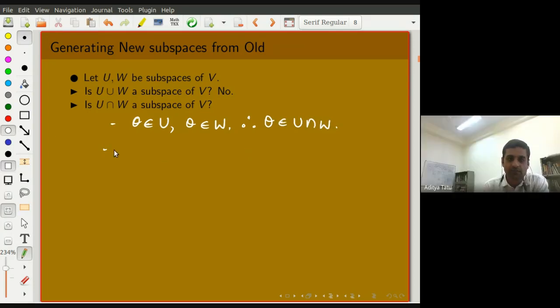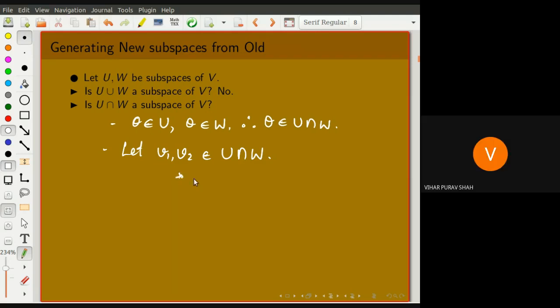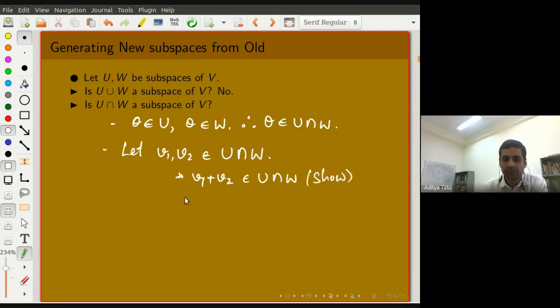Right. So let's say that V1, V2 belong to U intersection W. We need to show that V1 plus V2 also belongs to U intersection W. How do you show that?